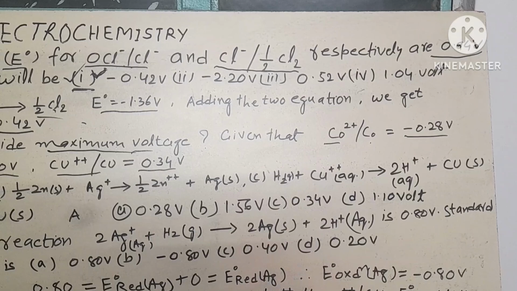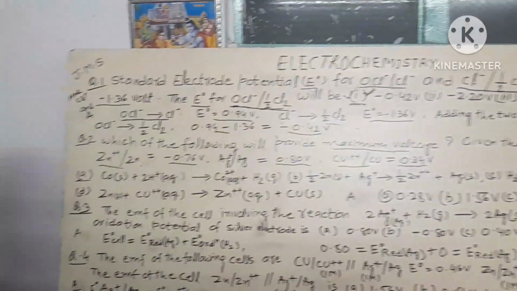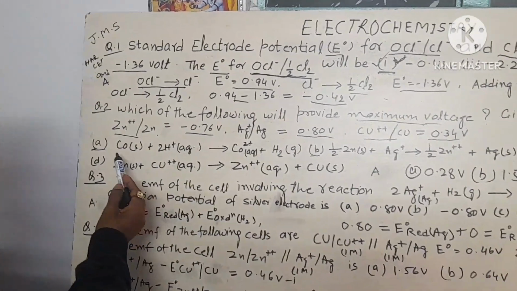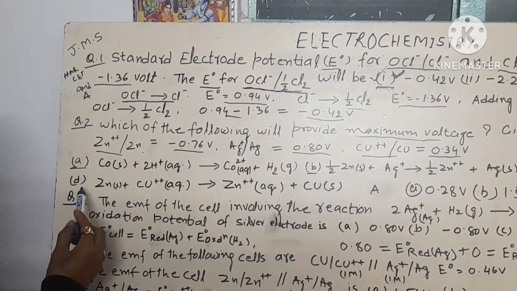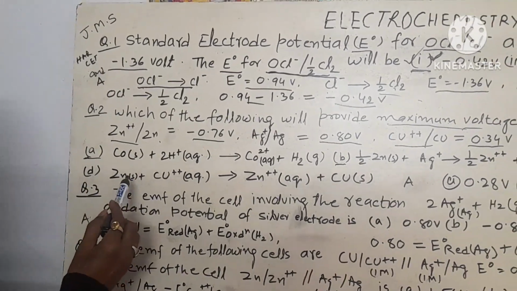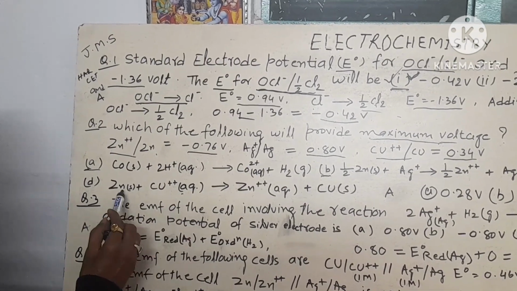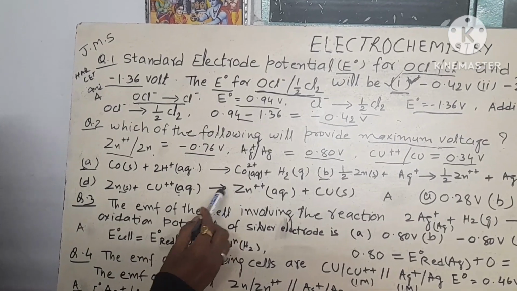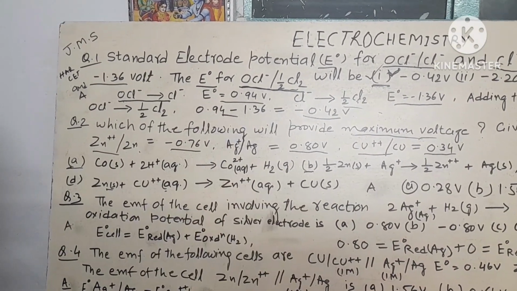This is the third cell reaction. And fourth one is Zn solid plus copper ion aqueous, giving Zn 2 plus aqueous plus copper solid.